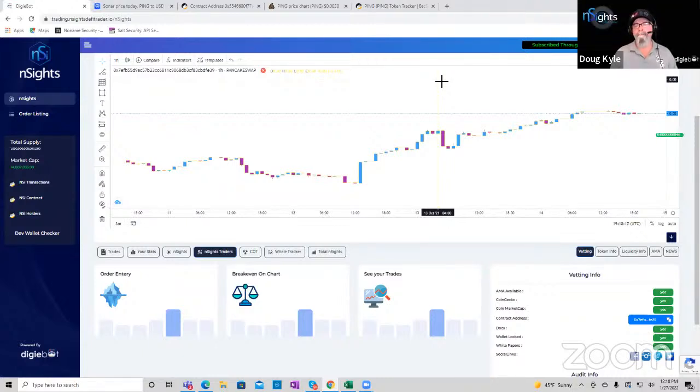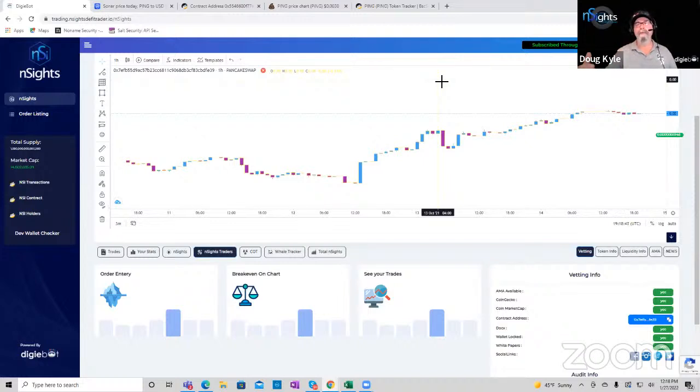And why is that important? Because it creates volume for nSights, which creates value for your token and drives your token value up. So we want to encourage as many people to do that as possible. And nSights makes money on every one of those trades. Even though they're using a free version, we still make money, and we would make money whether they traded directly on PancakeSwap too.